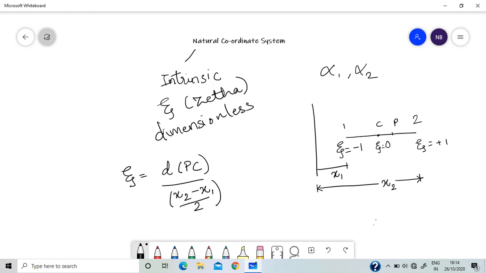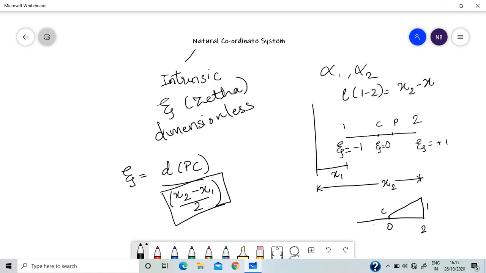If we see from the center point, zeta is 0, and at node 2 zeta is 1. x2 minus x1, this whole term upon 2, is nothing but the distance from C to node 2. The length of the bar element 1, 2 is x2 minus x1. If we want half the distance, it will be x2 minus x1 upon 2.